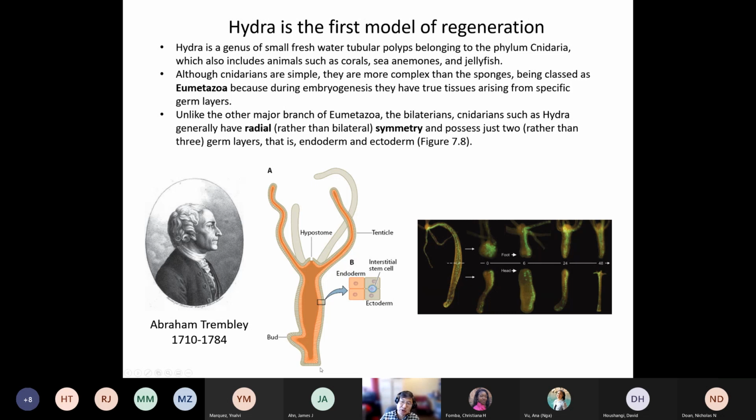So the cell replacement is occurring all the time. Therefore, when you amputate this animal, you can imagine they can regenerate because it's going on all the time. The stem cells will push the somatic cells toward both ends. Therefore, if you cut them, of course, they will regenerate themselves.